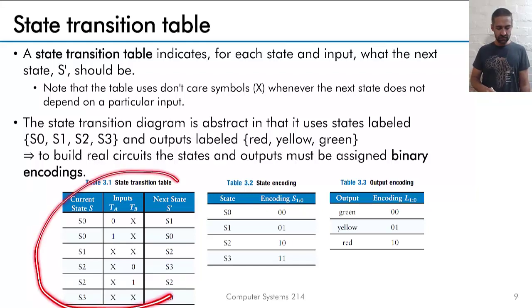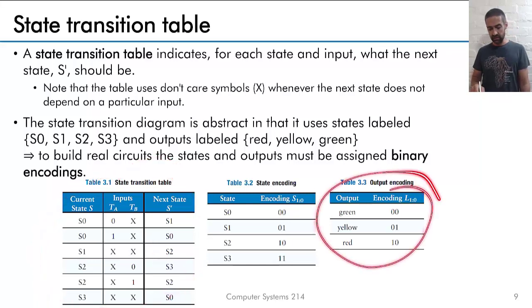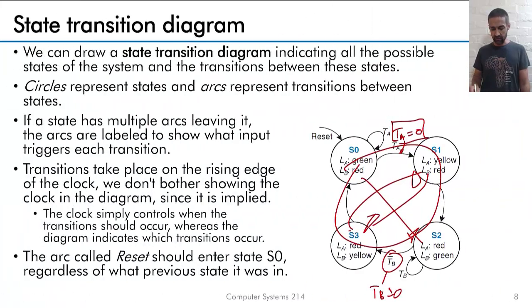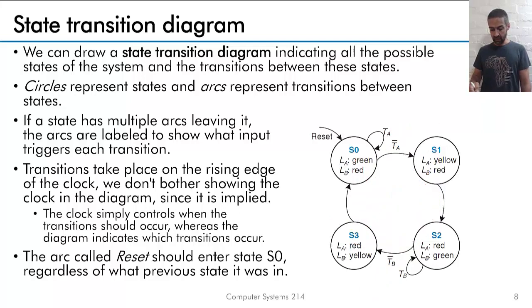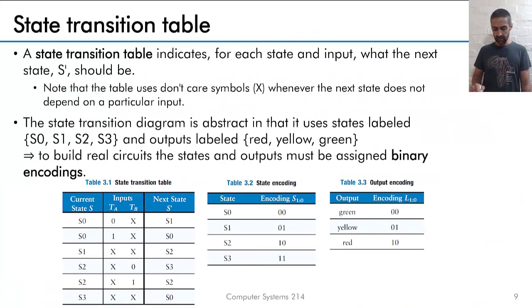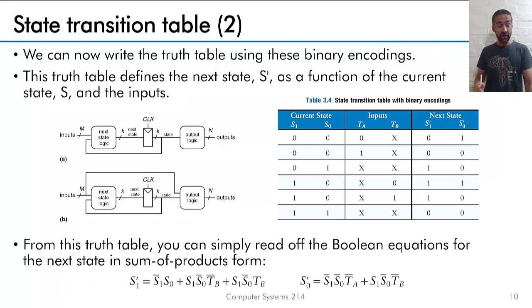So the next state logic will be determined from a Karnaugh map that we get from here. The output logic will be determined from a Karnaugh map that we get from whatever the outputs were in each one of the states, and then this coding that we introduced here. Okay, so what we do now is we take that into a Karnaugh map-like table.